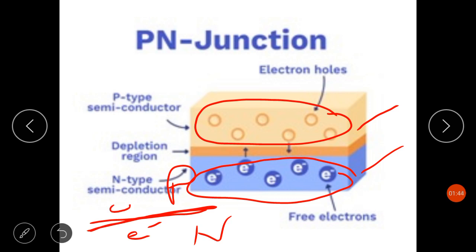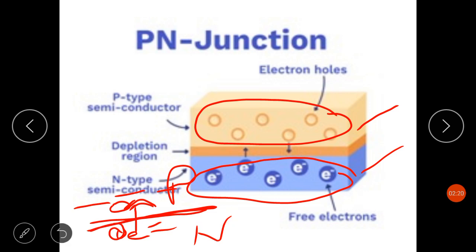Initially the atoms in the p side were electrically neutral, but after gaining this electron through electron-hole recombination, these atoms will be negatively charged because they now have excess electrons. Atoms in the n side near the interface, from where the free electrons have crossed over to the p side, will be depleted of electrons and acquire a positive charge. So this is what we call the depletion region.